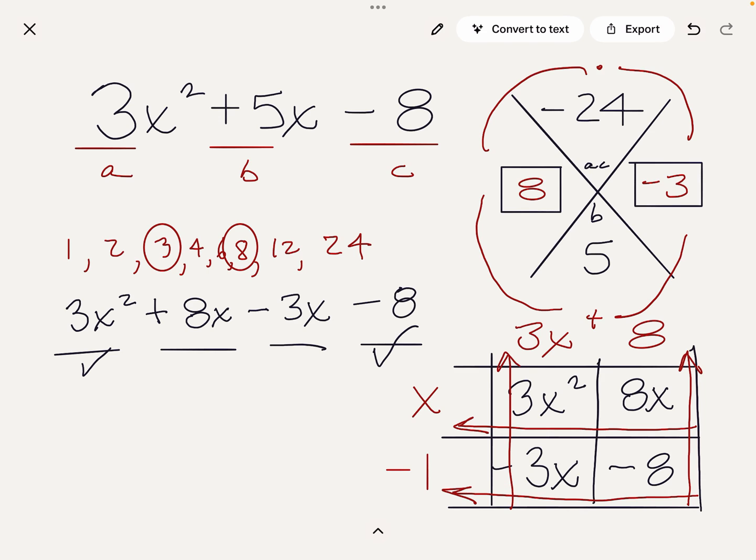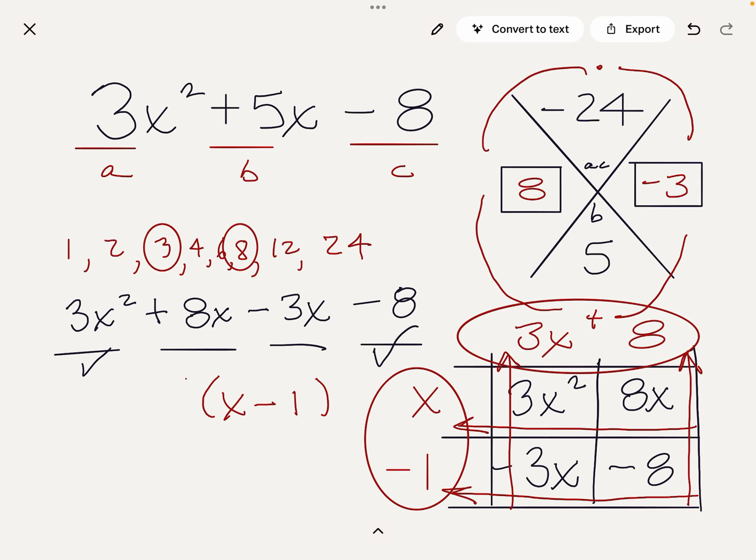So that needs to be positive. And then what about 3x squared and negative 3x? Well, that's going to be 3x. That is the greatest common factor for those two. So now that's the answer.